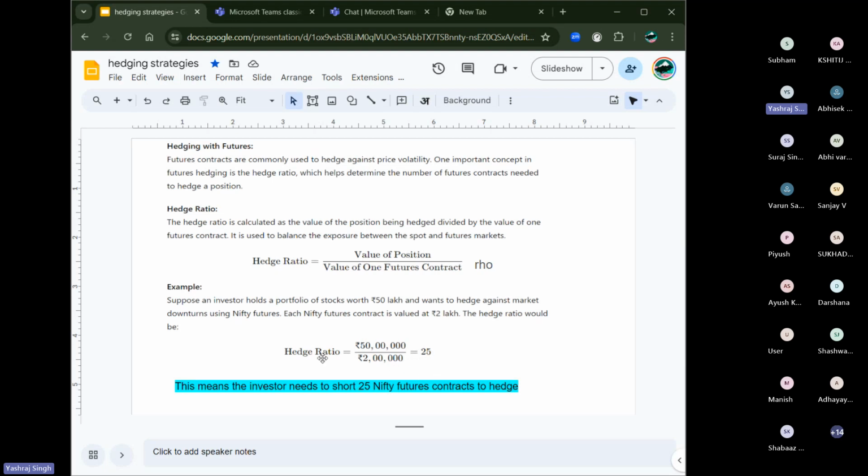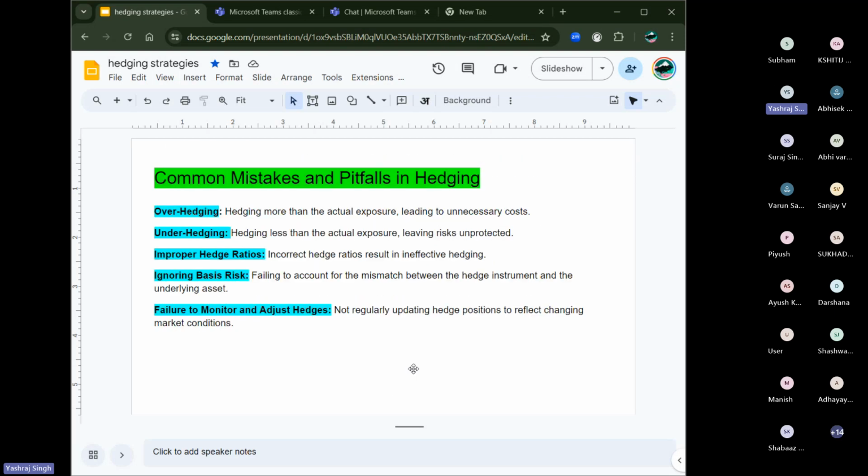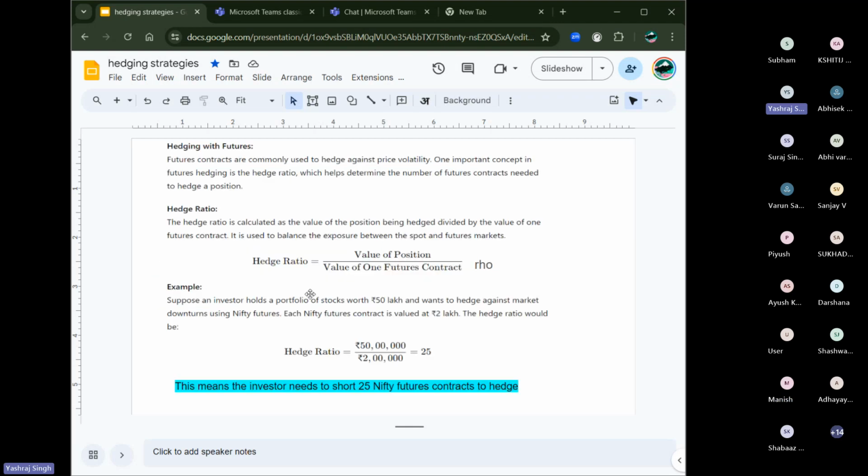If you under hedge, you are still exposed in one direction to the market. If, instead of selling 25, you are selling 20, you are still exposed to directional risk. If the market goes down, you will incur losses, and the hedge will not work as expected if your purposes are different, right? Improper hedge ratios are also important.